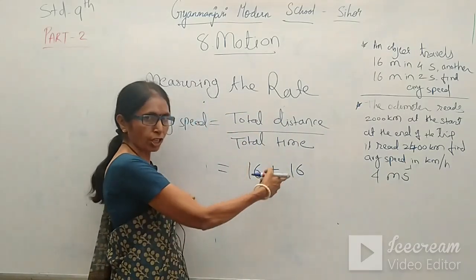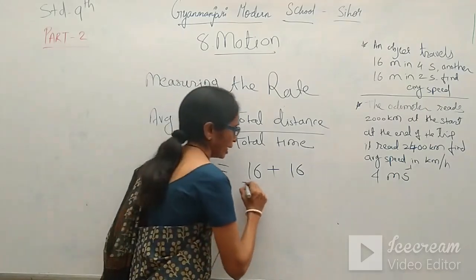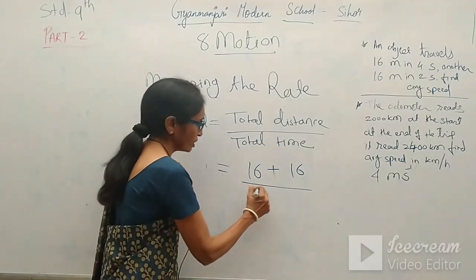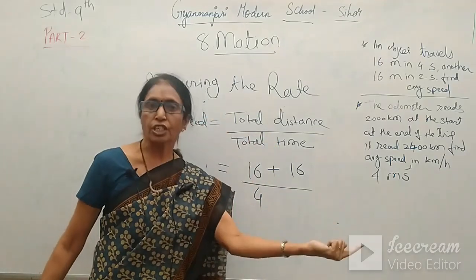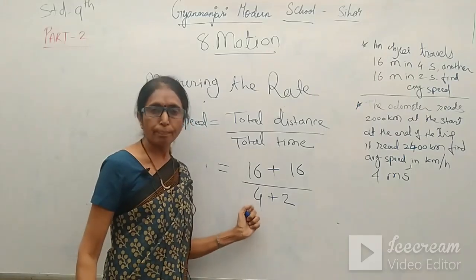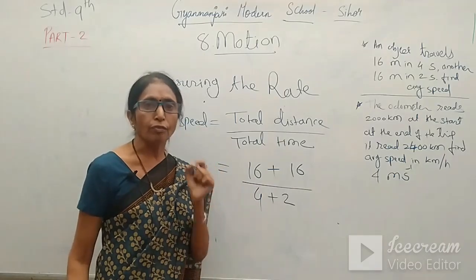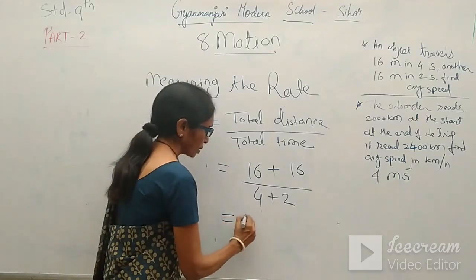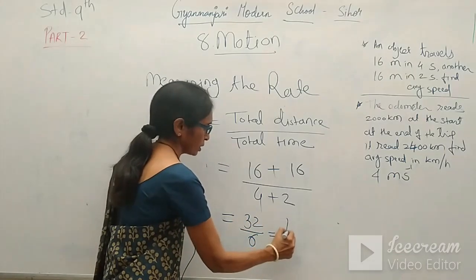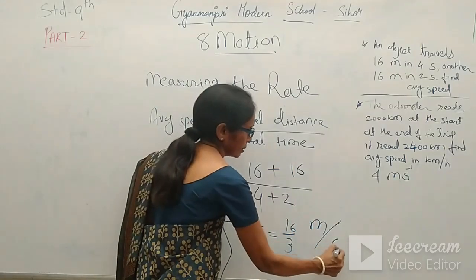So 16 plus 16 is the total distance traveled by the object. For the first 16 meters it requires 4 seconds, and for another 16 meters the object requires 2 seconds. So a total of 4 plus 2 seconds is required to travel the distance of 32 meters. So 32 upon 6 is equal to 16 upon 3 meters per second.